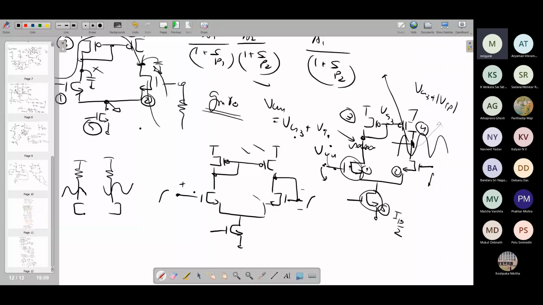Output swing in this circuit, what will determine the output swing? What we saw is this node is going to have very small swing, whereas the output node is actually having a much larger swing. For the output swing, we will not consider the diode connected side. We will only consider the output side, because here anyway we are not concerned about the swing on the diode connected side. It is anyway low.